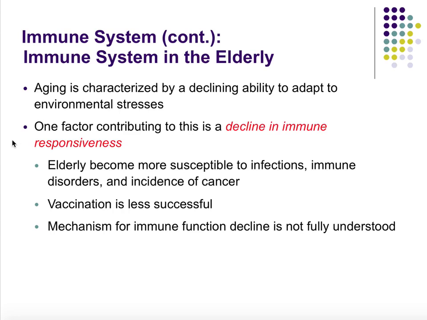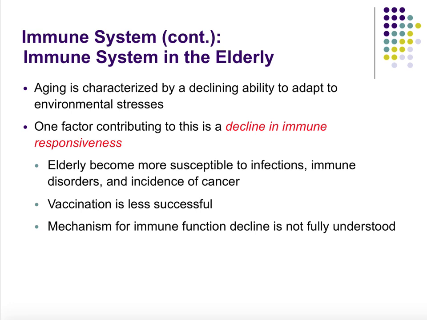Now, what about the elderly? How does the immune system impact the elderly? Well, as you age, unfortunately, we see a decline in the ability to adapt to environmental stresses. One factor that might contribute to that is a decline in immune responsiveness. So as we become older, we become more susceptible to things like infections, immune disorders, and incidence of cancer.